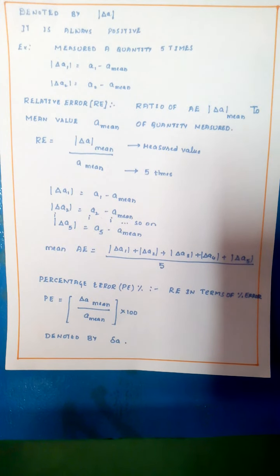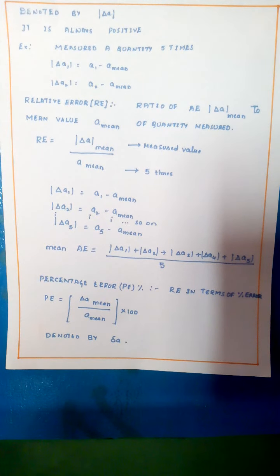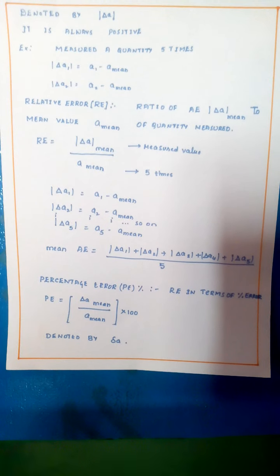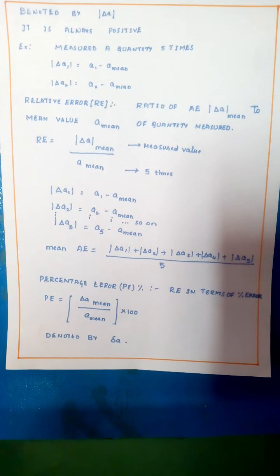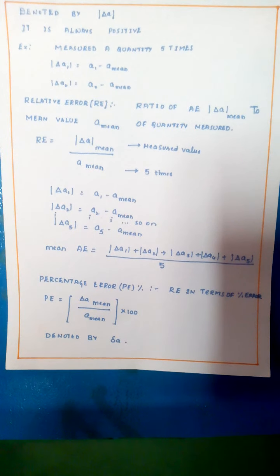A mean is the mean value of the readings. You measured the quantity 5 times, so that is the A mean value.